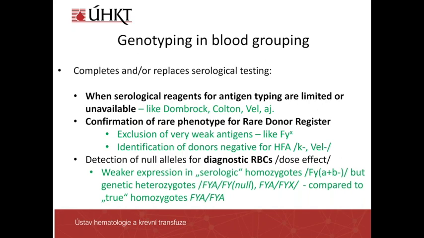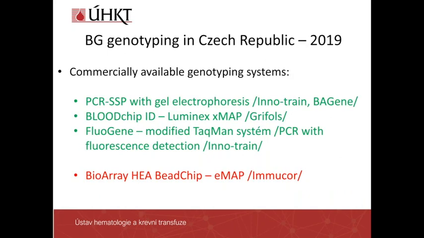So we need to exclude false homozygous donors, which can have lower antigen density than true homozygous. For example, in DAFI-A, where the DAFI-null or DAFI-X can lower the antigenic amount on the red cell membrane.